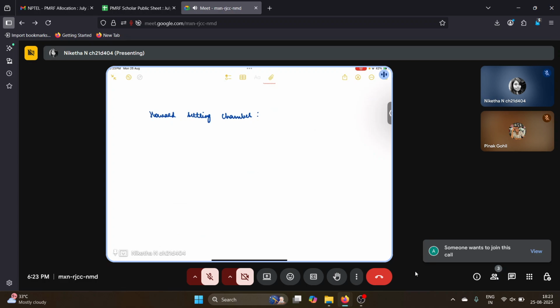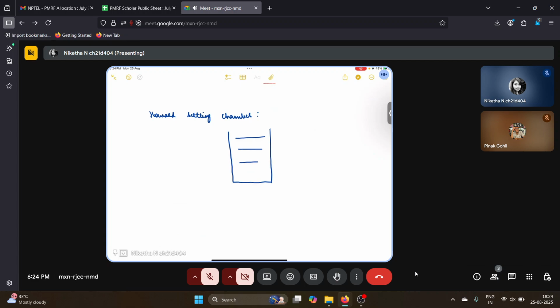The gravity settler was mostly horizontal, but this is a vertical chamber. So the design is like this. You have some separators.